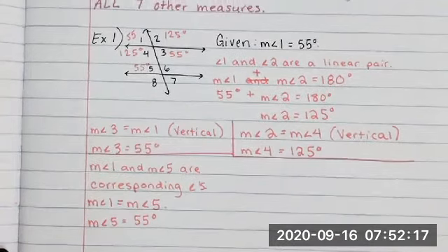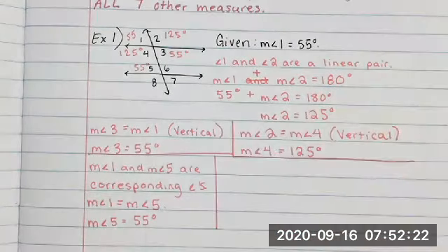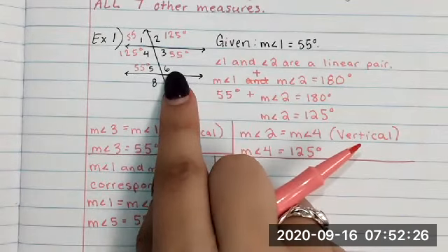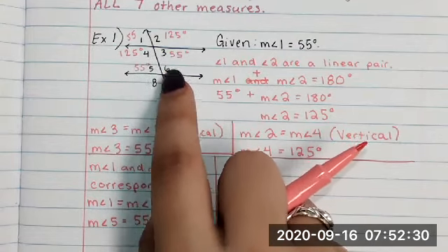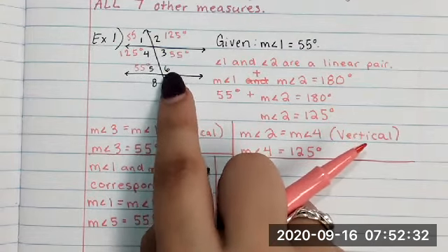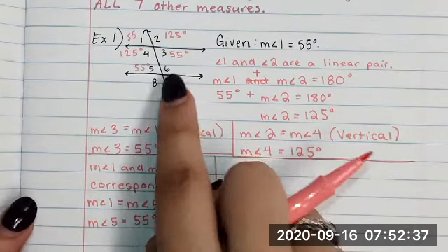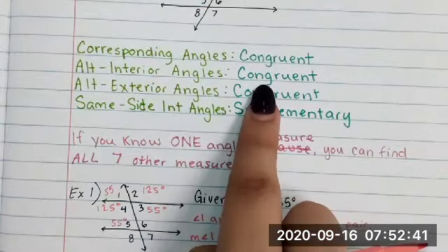And then there's a few ways we could solve for 6, but I'm going to demonstrate some different varieties. So we could do the linear pair, but what if we do the alternate interior angles? 4 is 125, and it's an alternate interior with 6, and alternate interior angles are congruent.